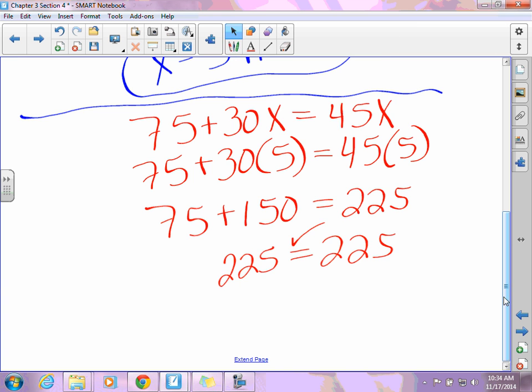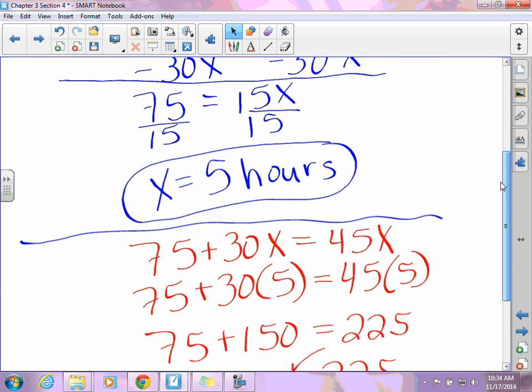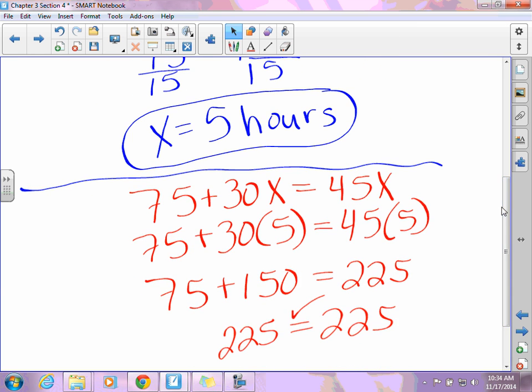Now, help me out here. What does the 5 hours mean, and how would that be important? What about the 5 hours? What's so magical about it? One is less than the other up until. Excellent. Yes.